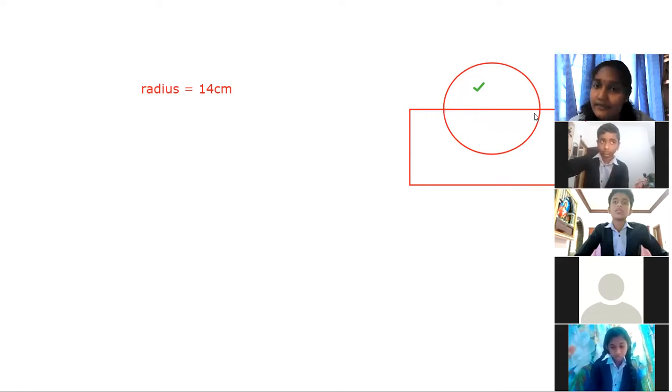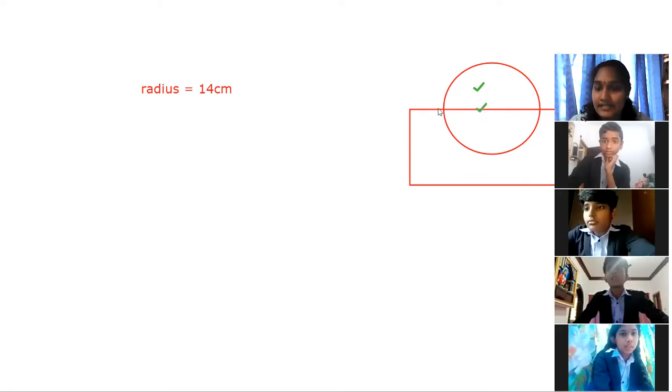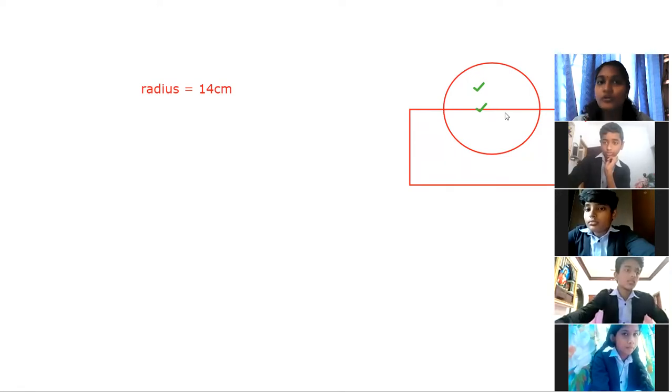The length of this line is given in the question. We can easily find the length of this line. What is the speciality of this line? What is the connection between the circle and this line? This line is the diameter of the circle. Okay. So if you know the radius, you know the diameter also.